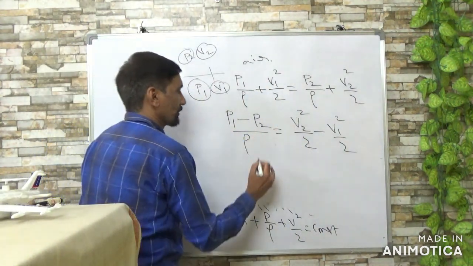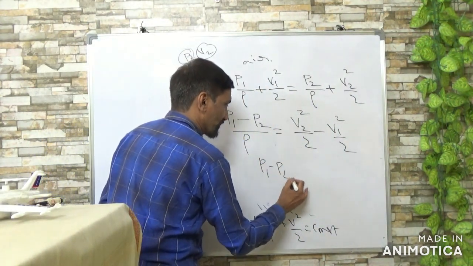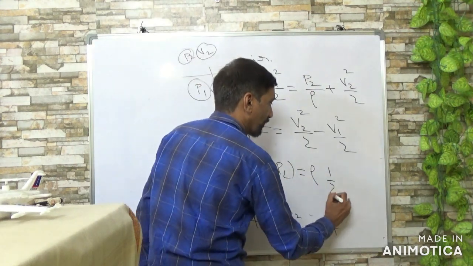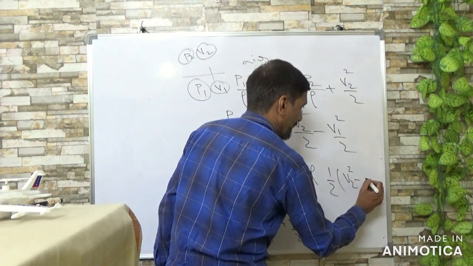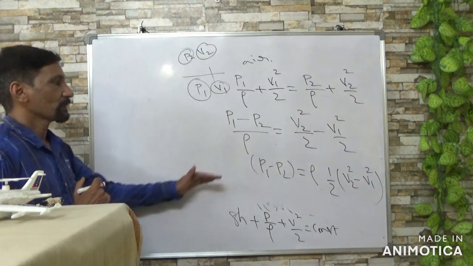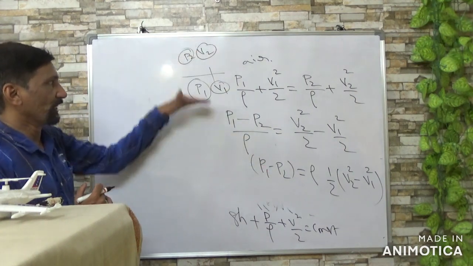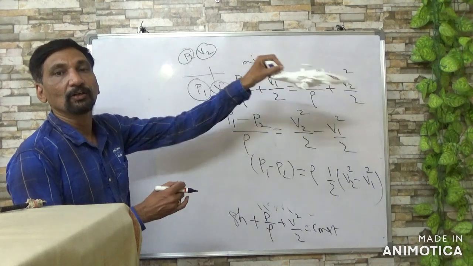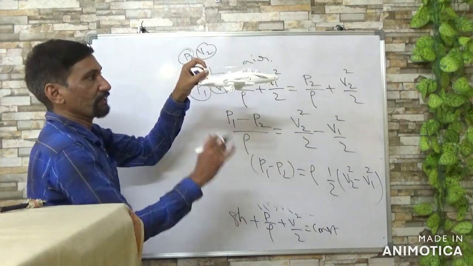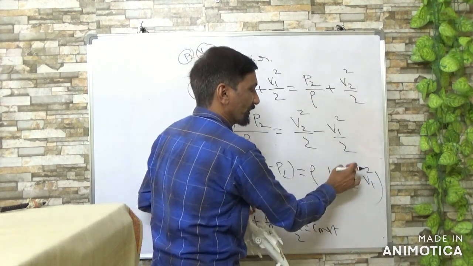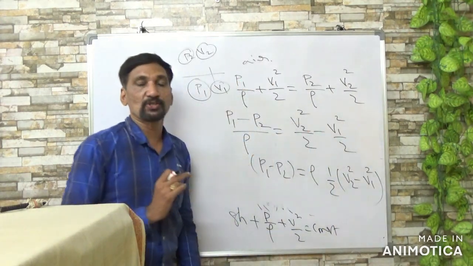Or else you can write the difference of pressure is equal to rho into half of V2 square minus V1 square. So the difference of pressure in case of an aeroplane moving horizontally is rho into half V2 square minus V1 square.